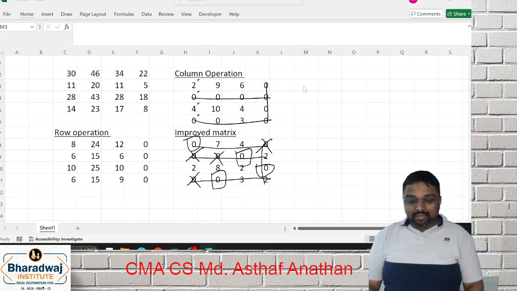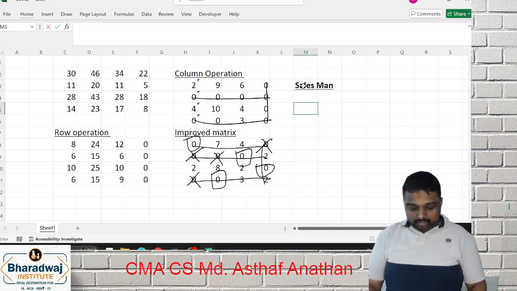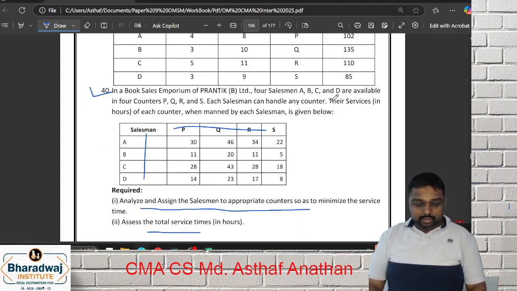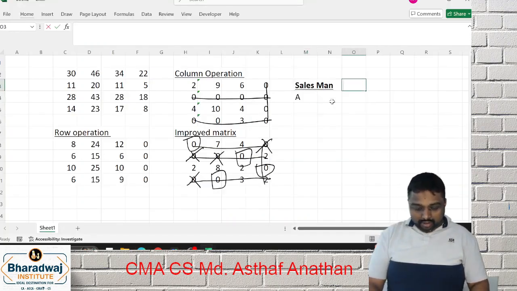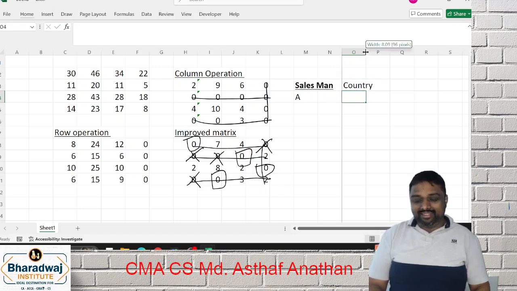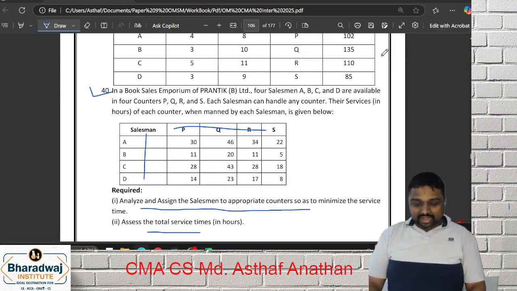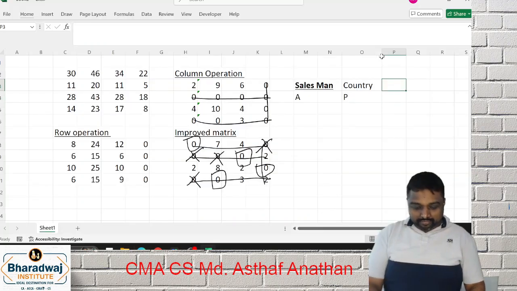They are asking the minimum time also, so we have to allocate salesmen. We have salesmen A, B, C. For each salesman, we have to specifically mention which country and what the time is. Correct? Salesman A will go to the first country, that is P. They were asking the service time.